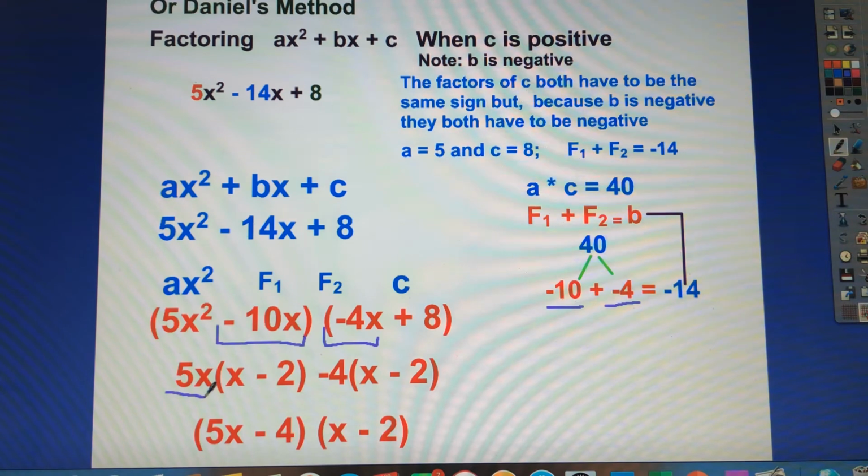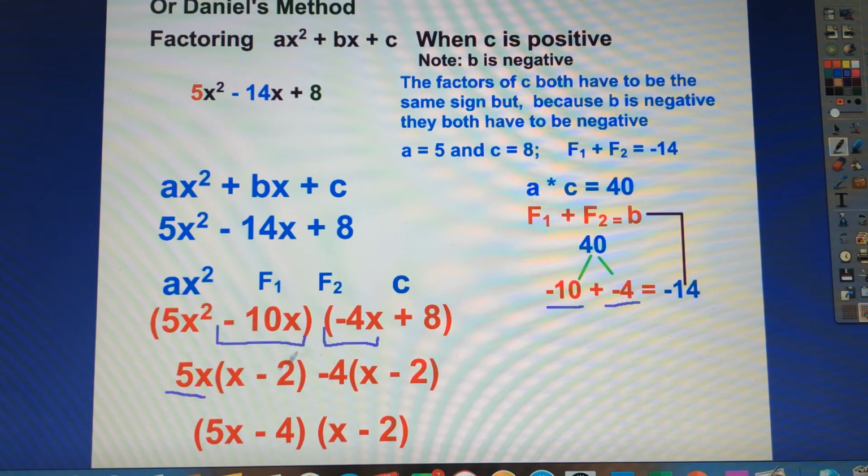I pull out the 5x. 5x goes into 5x squared, x times. 5x goes into -10x, -2 times. Common factor, -4. I take out -4, goes into -4x, x times. -4 goes into 8, -2 times.